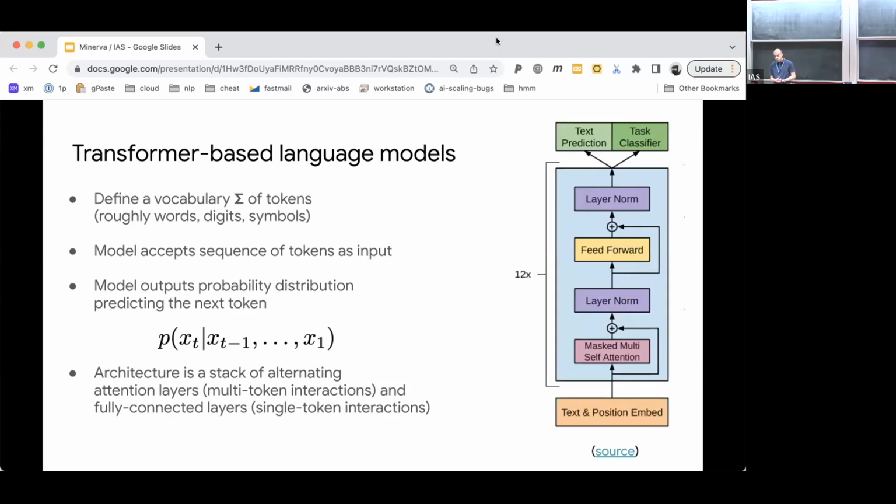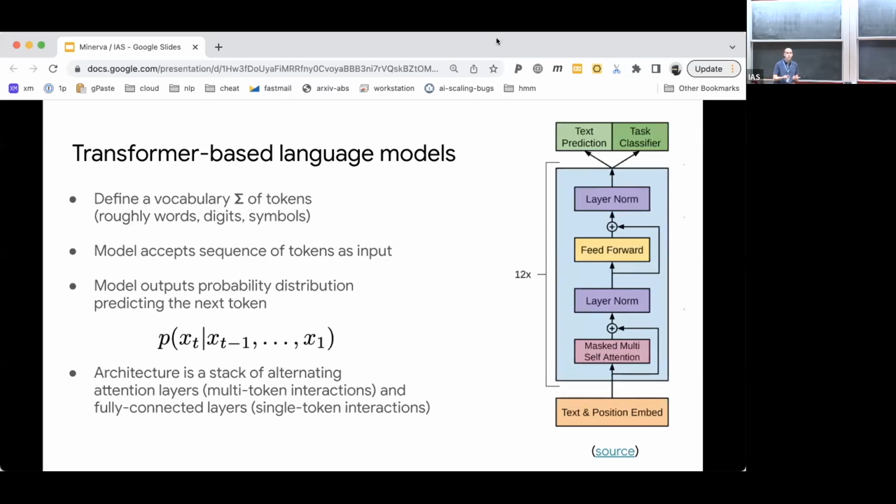Okay, so let me start by describing the main architecture that we use these days for solving tasks that have to do with language, or generally dealing with any kind of sequence in machine learning. I'm going to present the setup, and then we'll work through it in a fairly detailed manner to give you a sense of how these things are built, how we actually train them, what sort of data we need to collect, and what the whole procedure looks like.